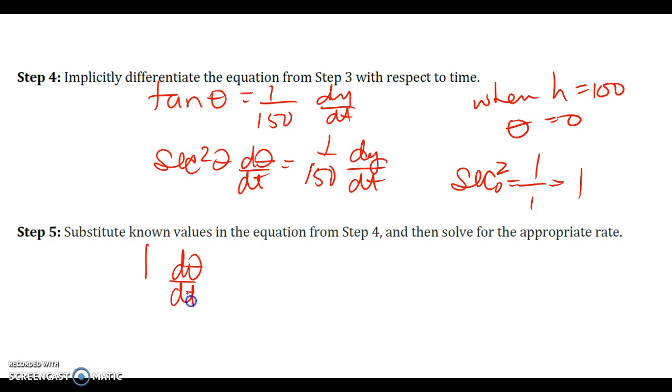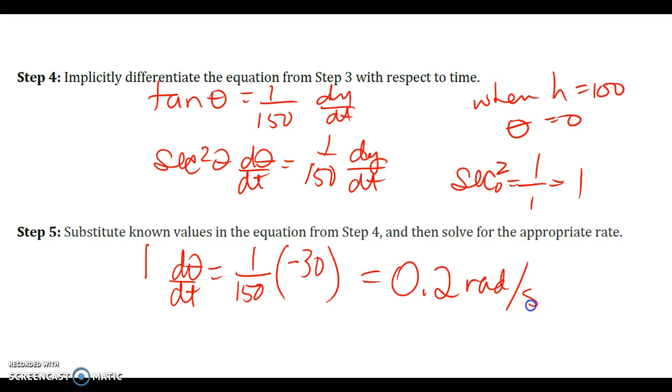So d theta dt equals 1 over 150, and the change in the height is negative 30 feet per second. This answer should come out in radians per second. Okay, well, I think it should work. So it will be 0.2 radians per second.